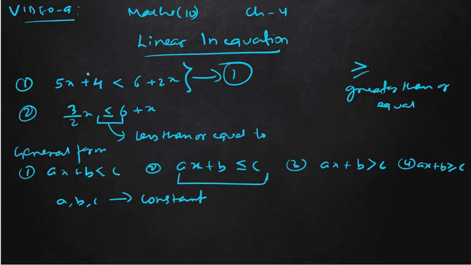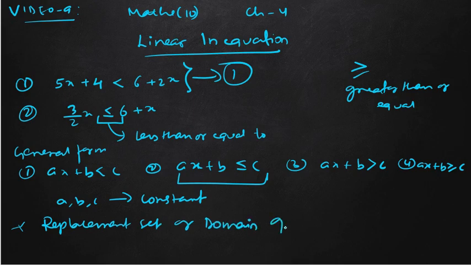The set from which we will take the value of x is known as our replacement set, or the domain of the variable. So one term is there, replacement set or domain of the variable. Domain of the variable means this one, x.